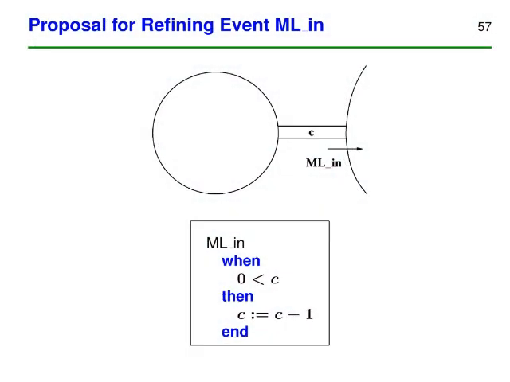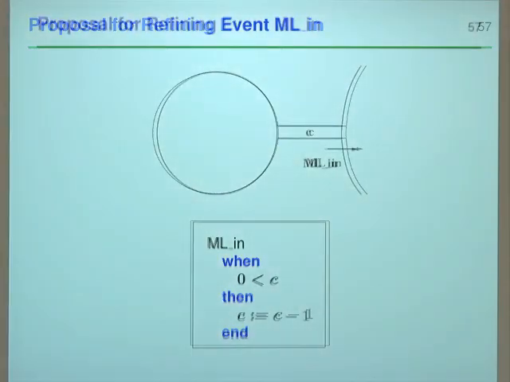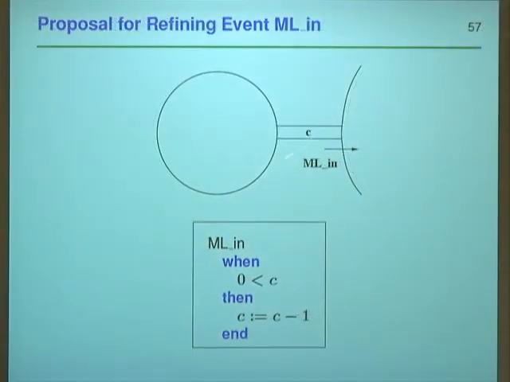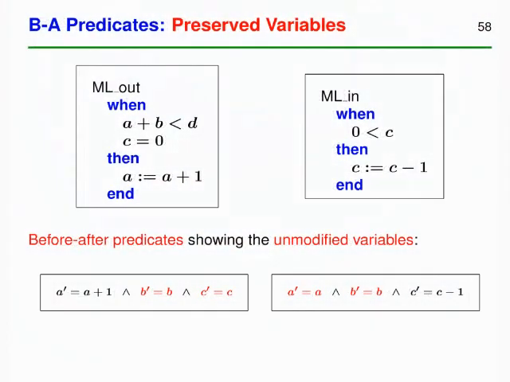And we have the same thing for ML in. If C is positive, so there are some cars here, then C becomes C minus 1. And of course, the question you ask, you could also ask it here. By the way, the before-after predicate, now we have several variables.